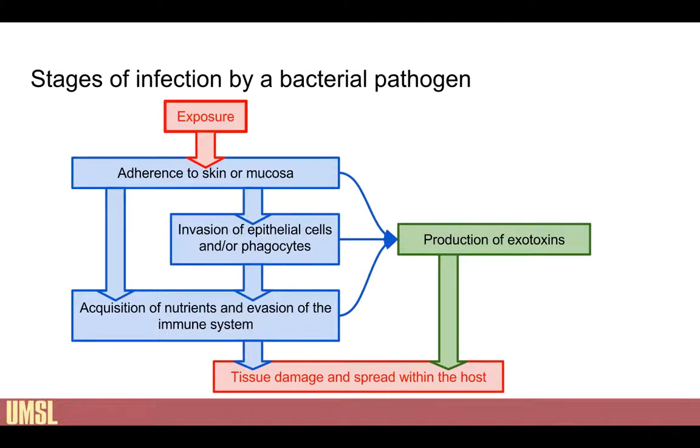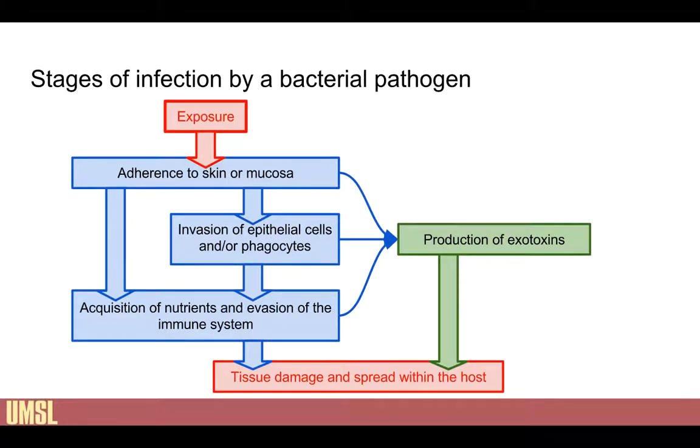I like to try and conceptualize things. I gave you a nice, cute picture from the Brock textbook talking about adhesion and invasion and colonization and toxicity. I like it because it's a good visual picture. But when thinking about things a little more conceptually, there's a different type of map that I like to draw, in that we have exposure.